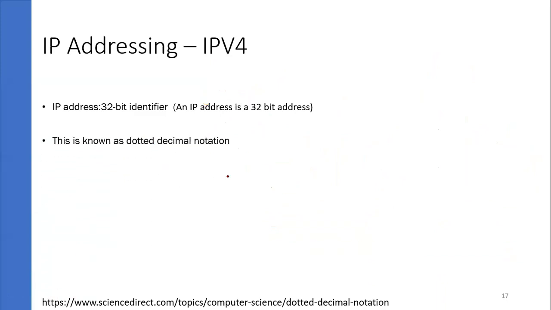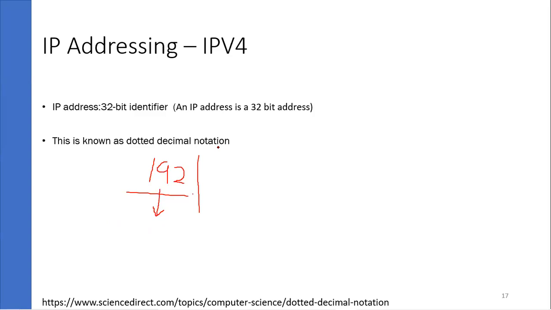Now, this is known as dotted decimal notation. What is dotted decimal notation? It means 192 is converted into binaries. Once it is converted into binaries, there might be a value like 101010 something, and again there is a dot.